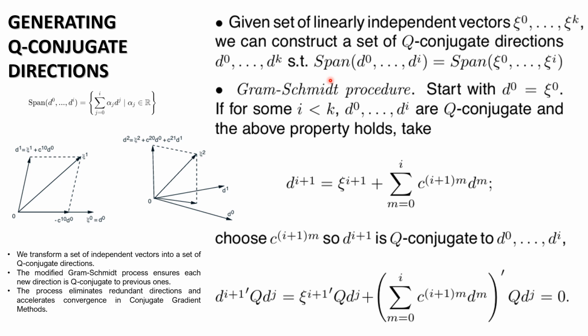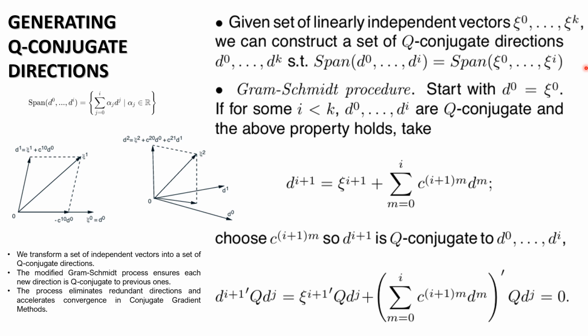And this ensures faster convergence than steepest descent, and avoids redundant search directions, since we typically start with a set of linearly independent vectors xi0 and so on xik. We need a way to construct an equivalent set of Q conjugate directions.